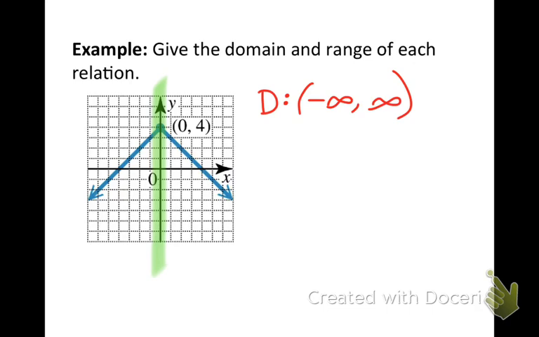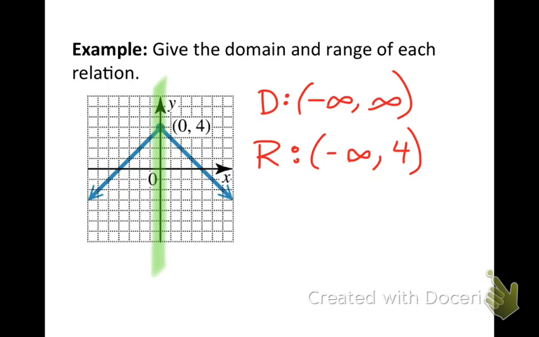No. So they're going to keep on going all the way down to what? Negative infinity. Now let's think about where it goes towards the top part. It's stopping at what y coordinate? 4. So for my range, it's going from negative infinity to positive 4.